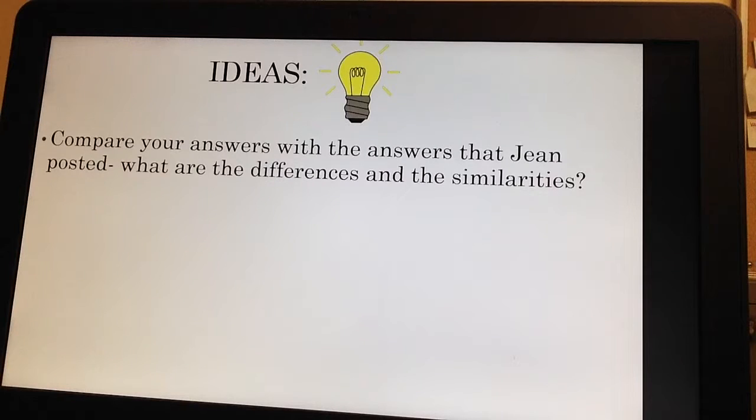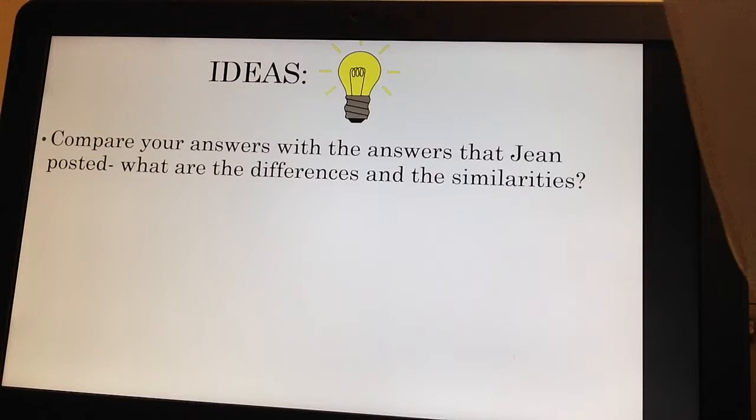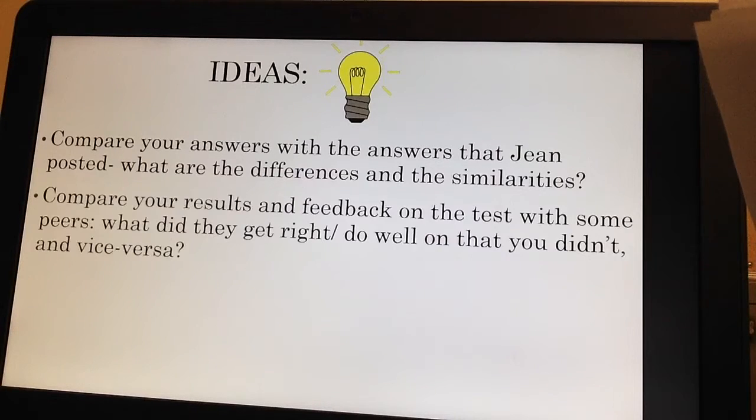Well, in the specific case of Jean's test, I would suggest that you compare your answers with the answers that Jean has so kindly posted onto Omnivox. What are the differences in the answer you wrote and the answer Jean has supplied, and what are the similarities between those two things? This will help you identify maybe where some of your problem areas are and what some of Jean's feedback is intended to help you focus on.